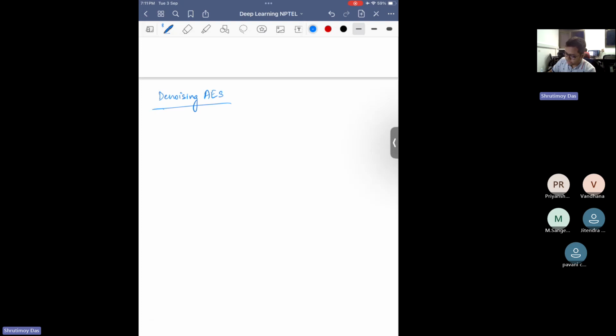Basically, you are given this input layer, and what we want to do is say that with some probability, some of these features are made zero, so this and this. Then you have this encoder part, you have this hidden representation, this decoder, and then the reconstructed image x tilde.